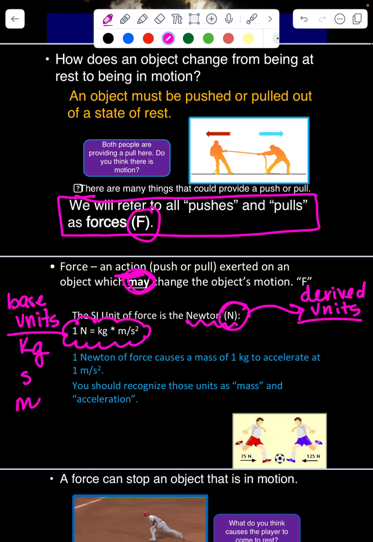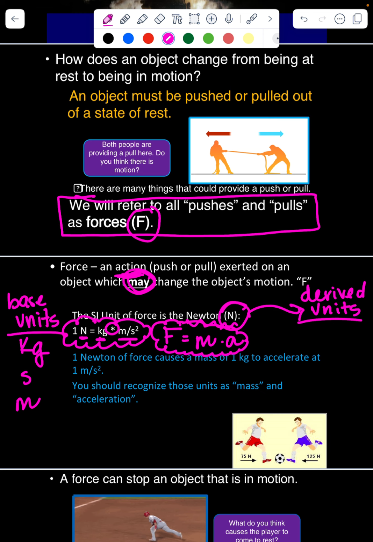All right, so if we take it piece by piece, we know that Newtons are a measurement of force. Kilograms are a measurement of mass. All right, this little star is just a multiplication sign. And then we know that meters per second squared represents acceleration. So here we have force is equal to mass times acceleration, which is Newton's second law of motion.